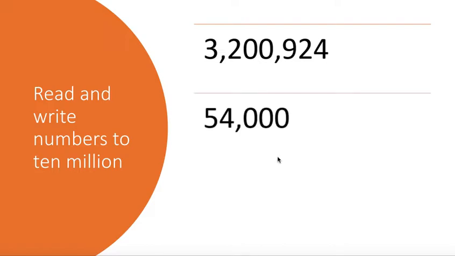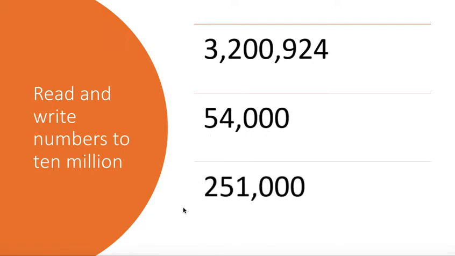Our next example, there aren't any millions, it's only a 5-digit number. Hundreds, tens, units. There are our thousands. Have a go at saying it. And together, it's 54,000. Third and final example. We're experts by now.